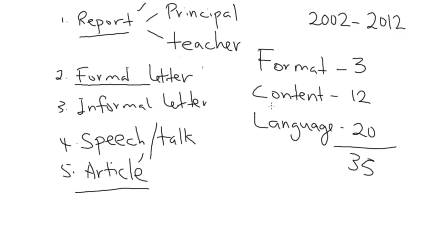That's how it is marked. So only language that we are very, very particular, very strict with language. Content wise, even in broken English, we still award you the maximum mark. Now for language, before I go on further, language mark is like this. A is 19 to 20 marks.